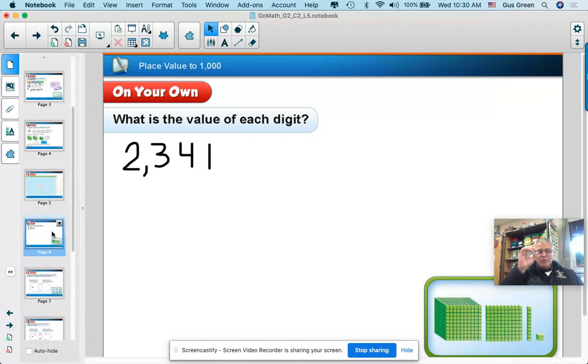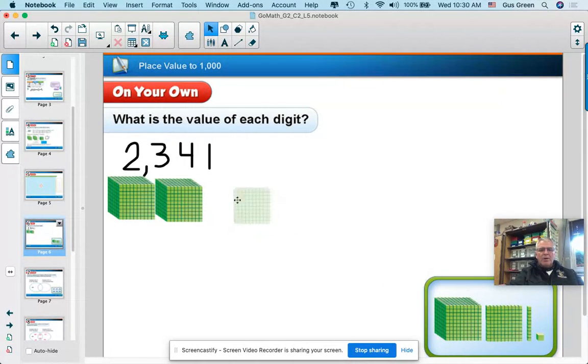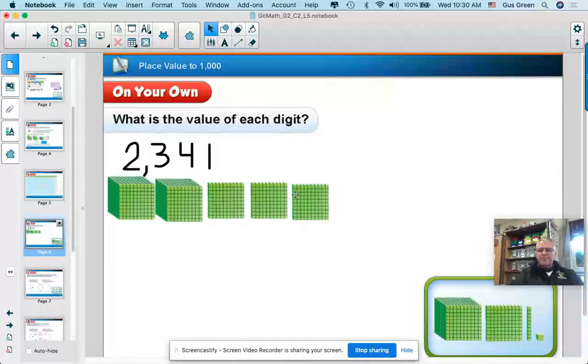And let's go ahead and try to build 2,341 with my base 10 blocks. So 2,000 will look like that. 300s will look like this.